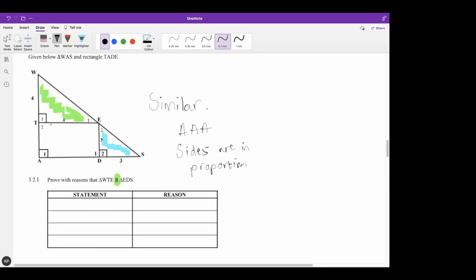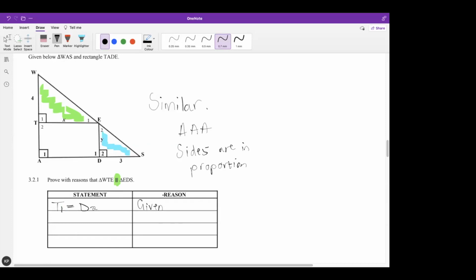Remember, we're using angles. Oh, yes, ma'am. So, ma'am, we're going to say T1 equals to D2. And in my reason? Given. Given. Nice. Thank you. Do we see any other angles that are equal?